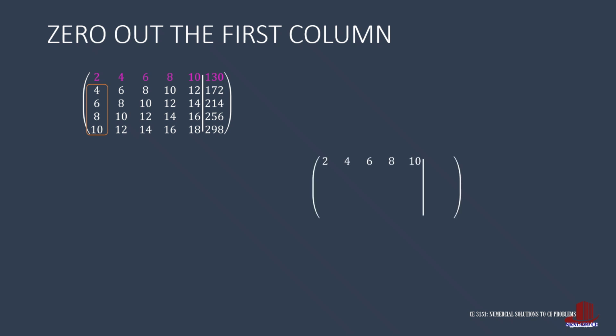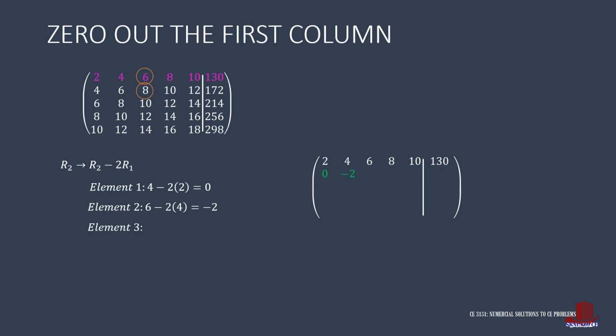The row operation to zero out 4 from the second row is R2 less twice of R1. The first element takes 4 minus twice of 2, giving 0. The second element is 6 less twice of 4, resulting to negative 2. The next is 8 minus 2 times 6, which is then negative 4.